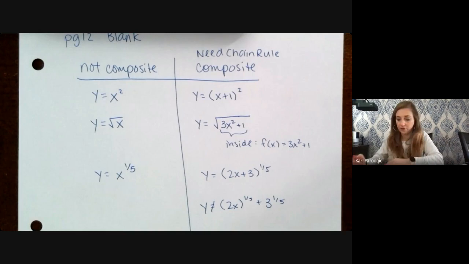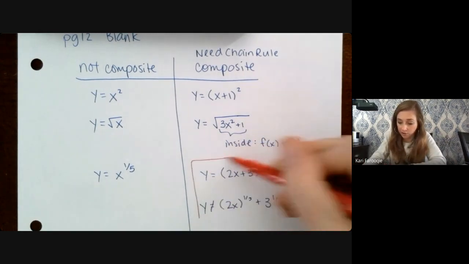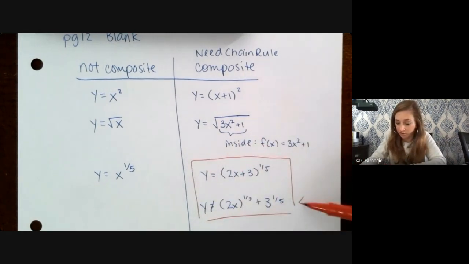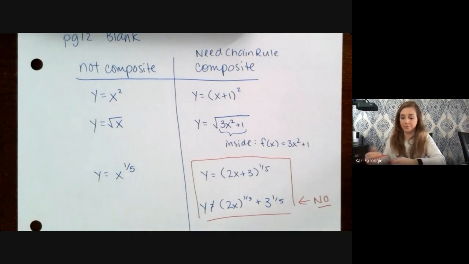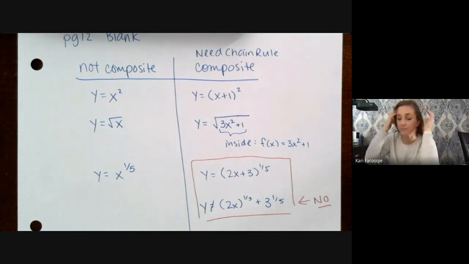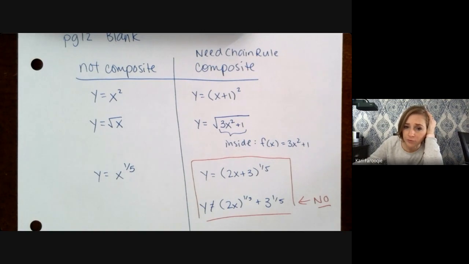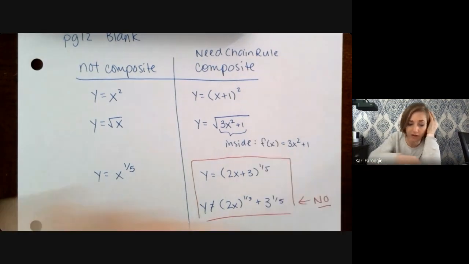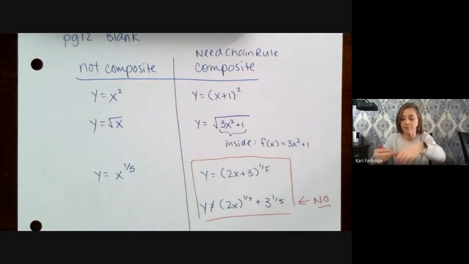Okay, so you cannot do this. This is a no. So if you're thinking, well, why don't I just rewrite this and then I can use the basic differentiation rules from 3.1, you can't do that. Same thing for this.